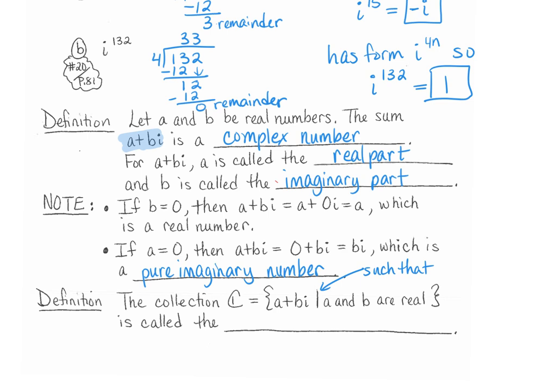So C is equal to the set of all elements a plus bi such that a and b are real. This set is called the set of complex numbers.